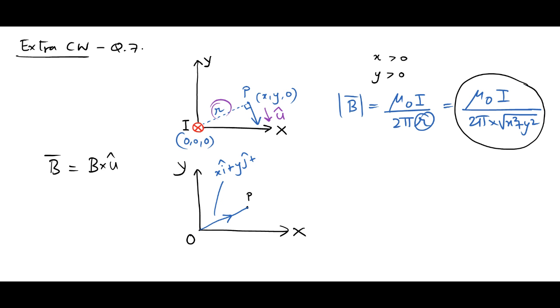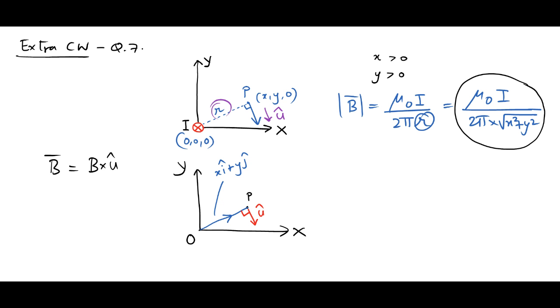So you have this vector x i cap plus y j cap, and you may have guessed that I'm trying to find the unit vector u cap using some concepts of vectors. Now I know that this angle is a right angle, so I'll be using the concept that the dot product between two non-zero vectors is 0 when the angle between them is 90 degrees.